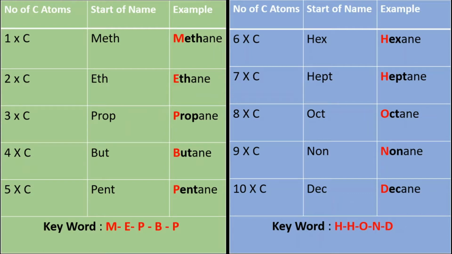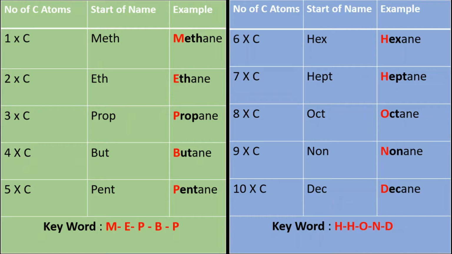The name of an organic compound normally gives us two types of information. This is very important and I request you to listen to this very carefully. I'm talking about a very simple name, not a complex compound which contains a lot of branches.